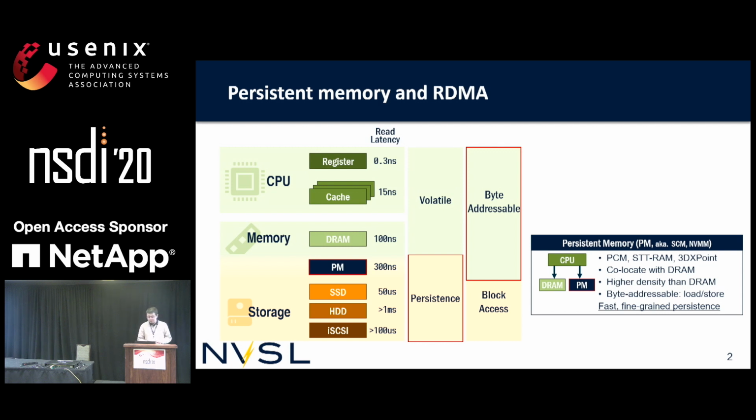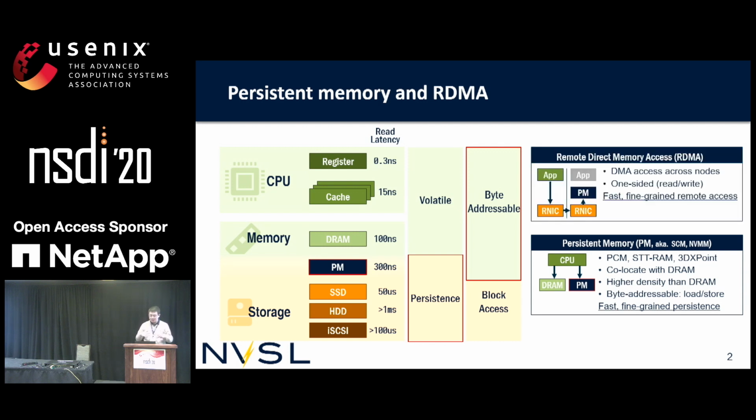Persistent memory also has higher density. You can have terabytes of memory attached to a single socket. And like any storage, we want to access persistent memory remotely. Since PM relies on low latency, RDMA seems to be the best fit for this. RDMA basically gives you the illusion of having DMA capabilities between two hosts.